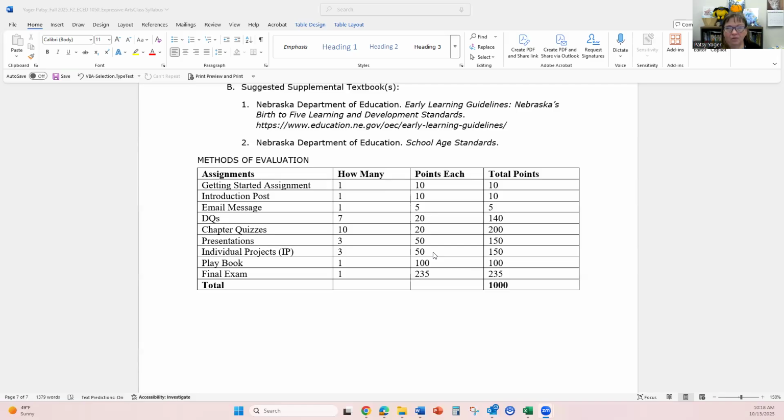I'm not saying that I will approve it, but I am saying I will consider it. If it's a reasonable substitute for one of the other projects, I'm always open to looking at your creative ideas. Okay, so keep that in mind as you're looking through the project bank.